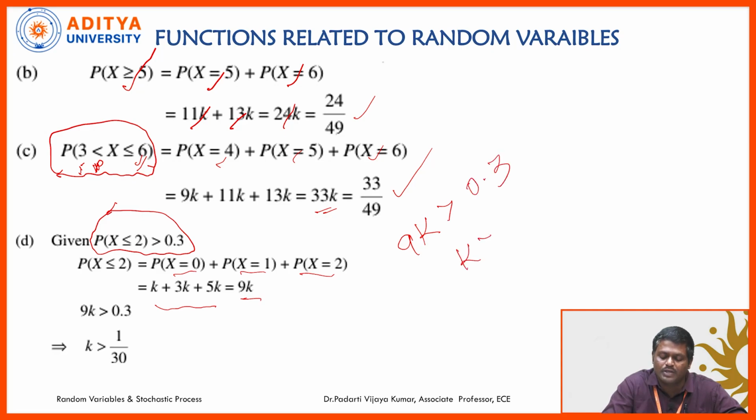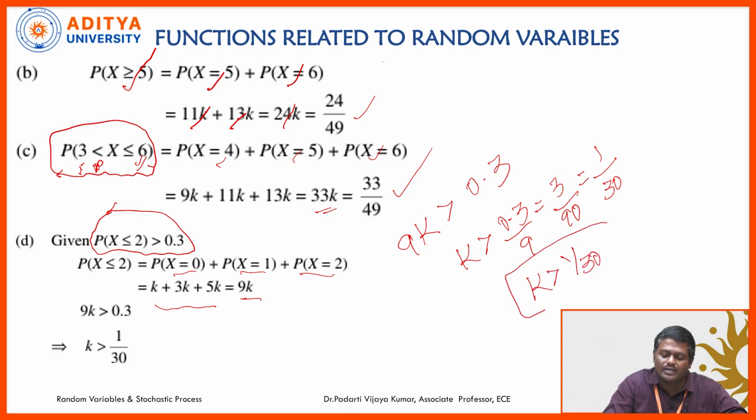That means k should be greater than 0.3 by 9, that is 3 by 90, that is 1 by 30. So the k value should be chosen as k greater than 1 by 30. The value should be greater than 1 by 30 to satisfy this particular condition.